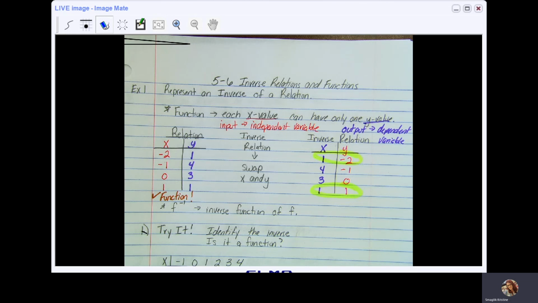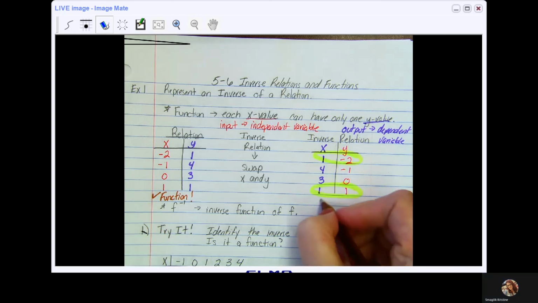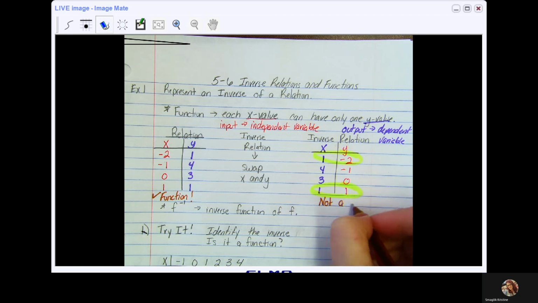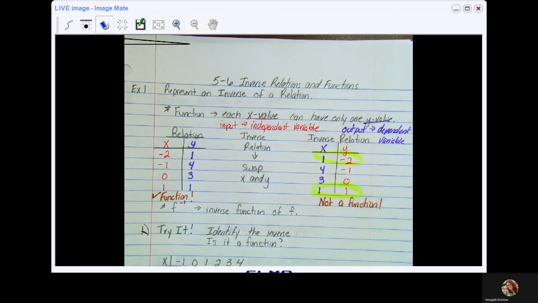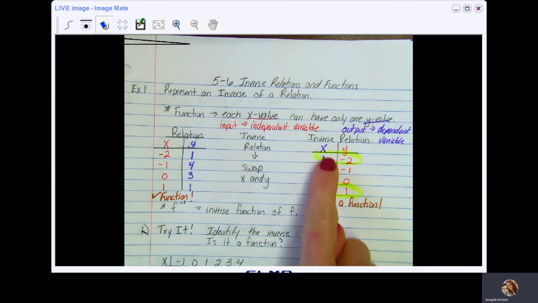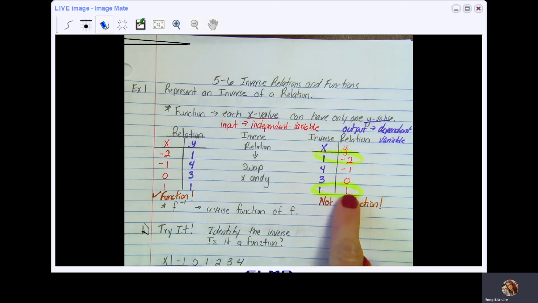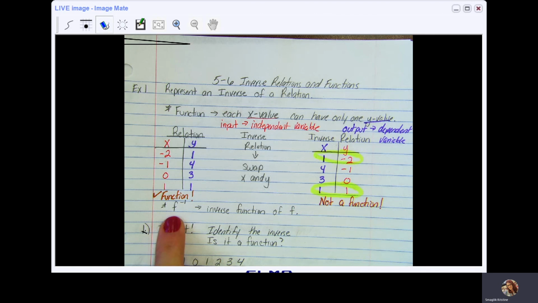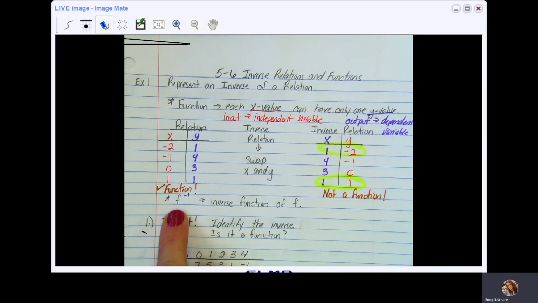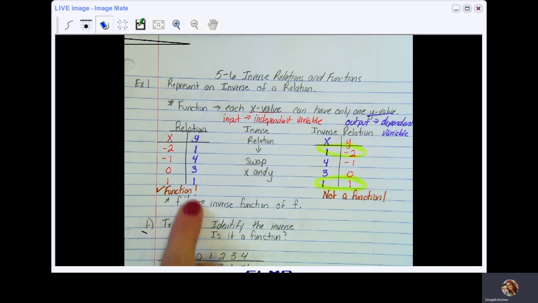Those make it not a function, because I have an x value with more than one y value. Now, if we do have an inverse function, we use the notation f raised to the -1st power, but we read that as the inverse of f.